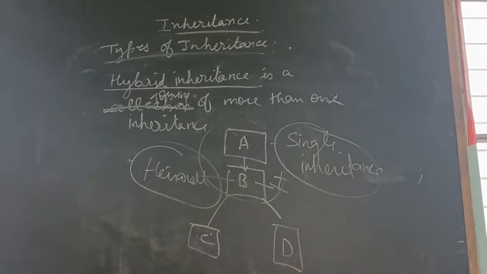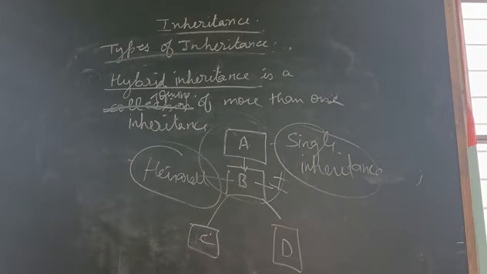So all the inheritance, I think is clear. Again we will revise. Single inheritance is only one base class and one derived class. Second is multilevel inheritance, where at one time one class acts as a base class and another class acts as a derived class. Third is multiple inheritance. Java does not support multiple inheritance, because it means two base classes are combined together and form one derived class.